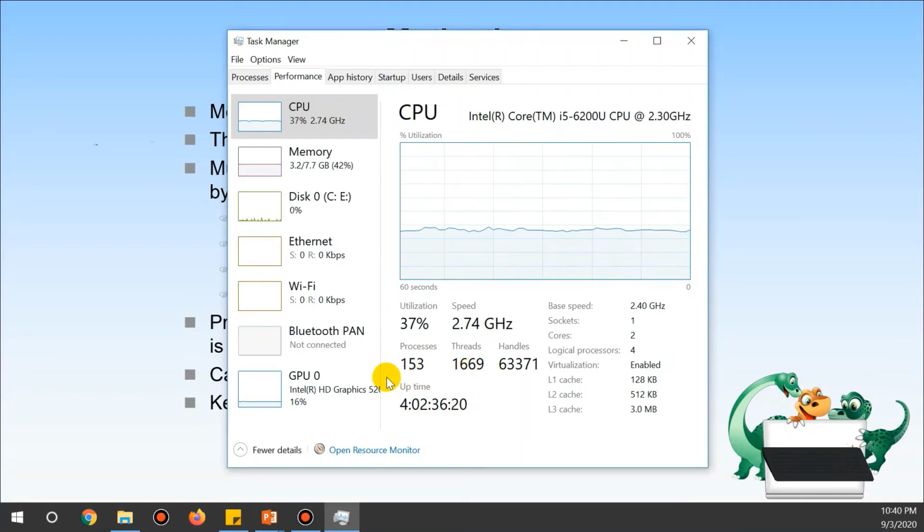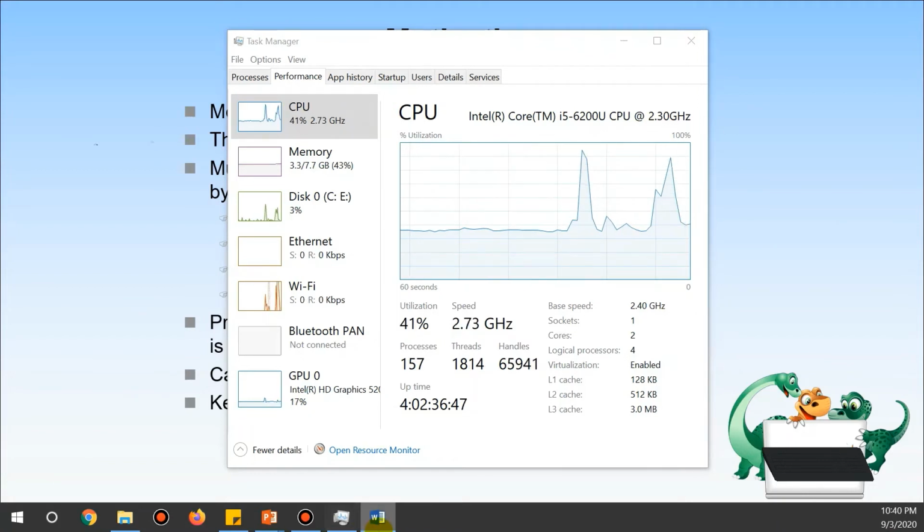Let me open MS Word here, WinWord. Let me open it, and what I want you to pay attention to is the number of threads there. Observe what will happen when I open MS Word. There is a sudden increase in the number of threads.